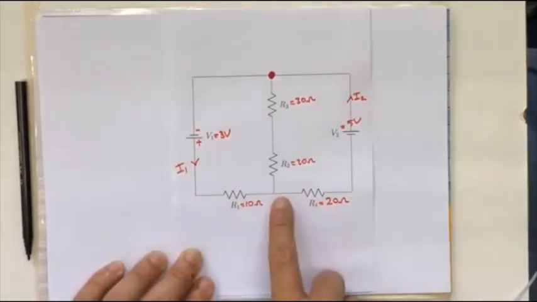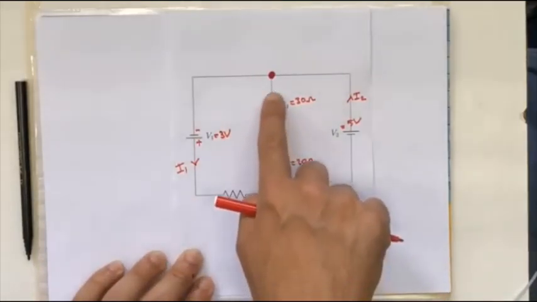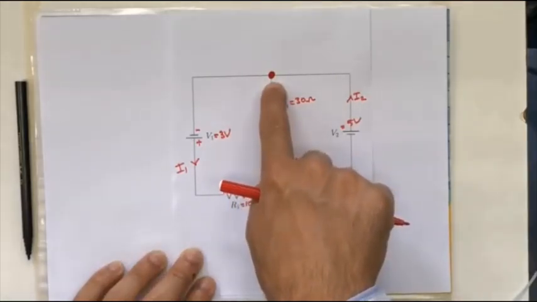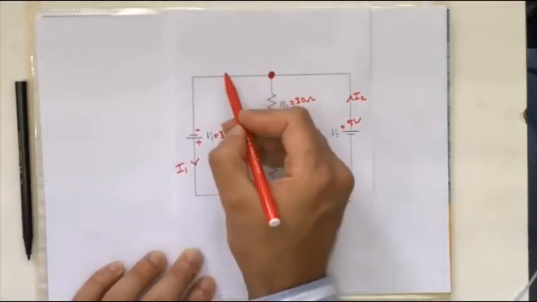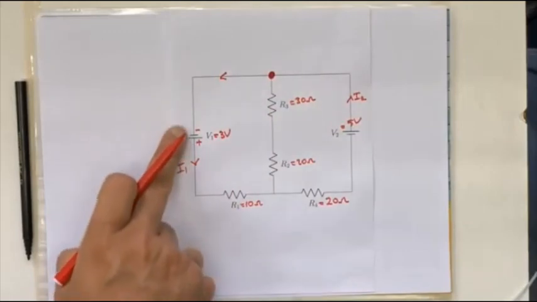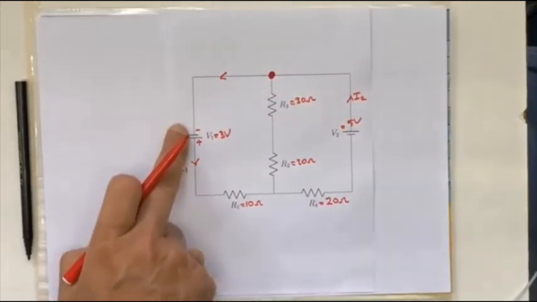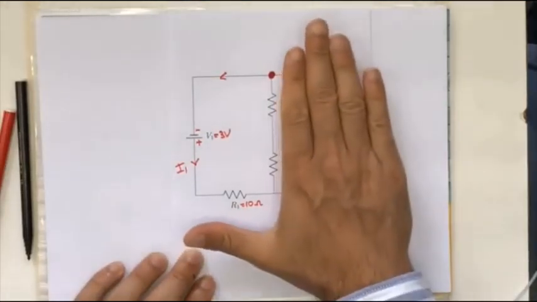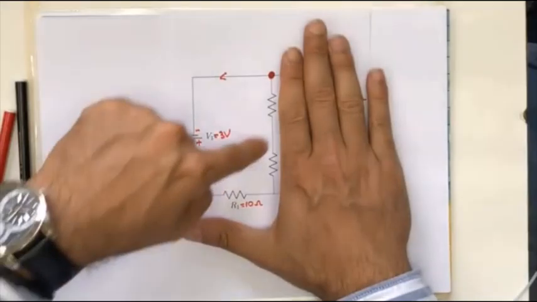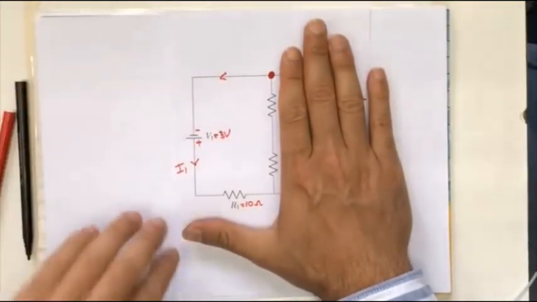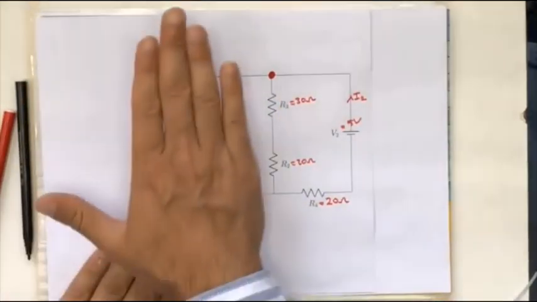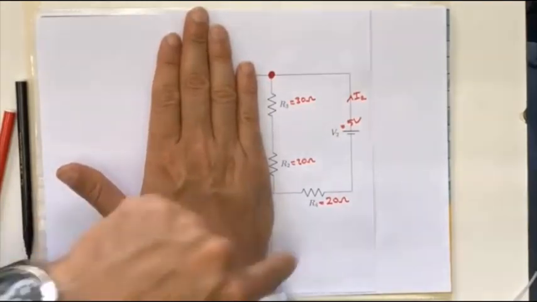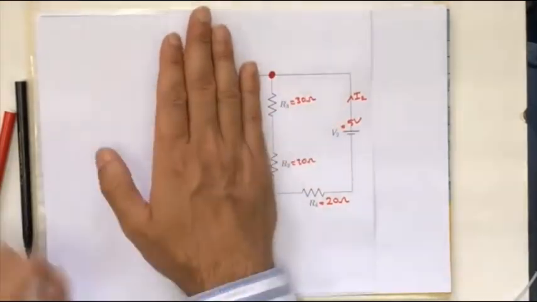Then it flows through R2 and R3, then reaches this junction, and then to the negative terminal, so it completes the cycle. When I close this part, you see we have a loop here, a circuit here. Also, when I close this part, you will see we have another loop, another circuit here.